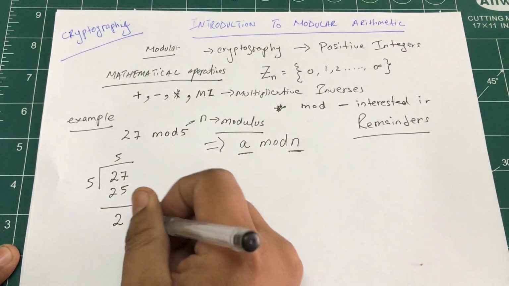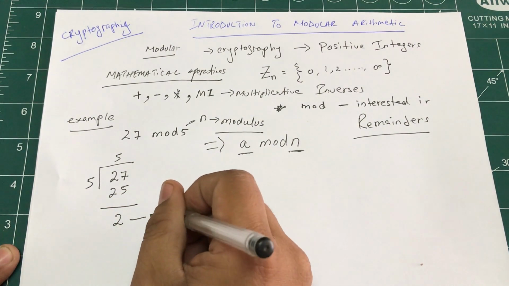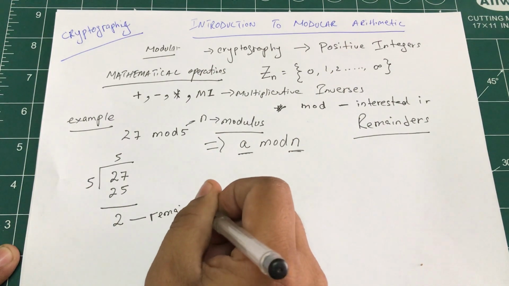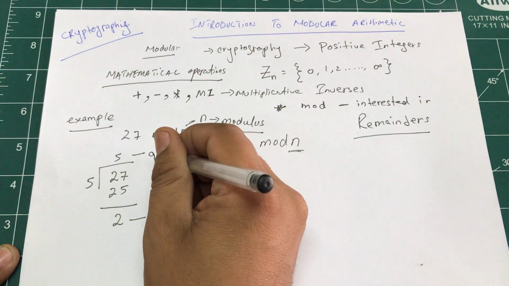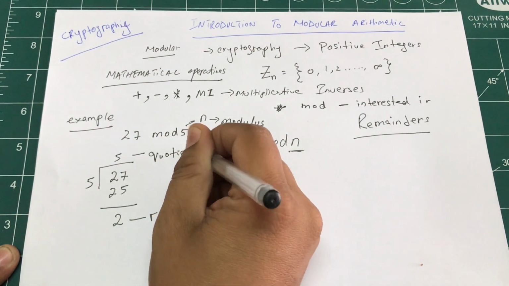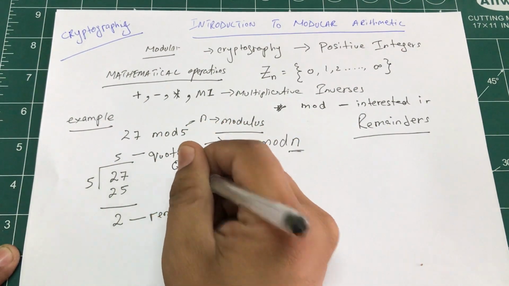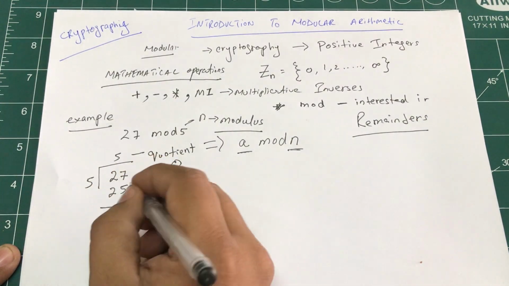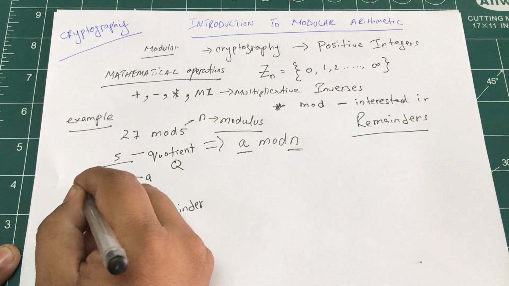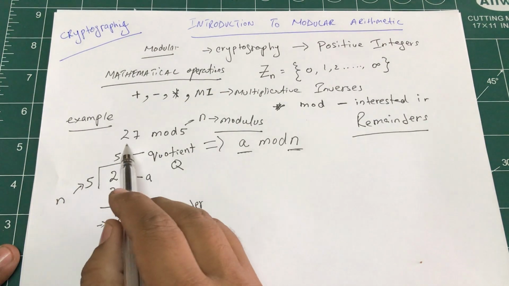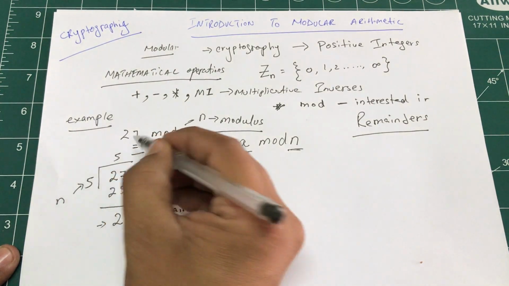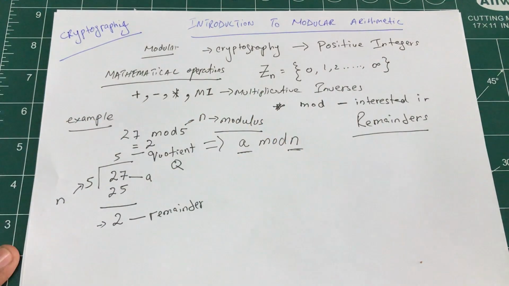It is 2. So this is going to be your remainder, this is going to be your quotient, or q, this is going to be a, and this is going to be n. That's all I need to do in order to do modular arithmetic. So 27 mod 5, the answer is 2.